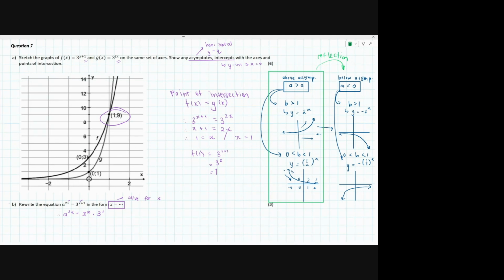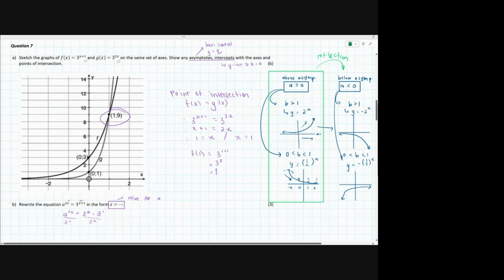Now that I have this situation, again, my goal is to solve for x. So I kind of want to get these two x's, the a to the power 2x and the 3 to the power x together. I'd like them to be together because then maybe there's a way for me to get x alone. So in order for me to bring this 3 to the power x to join the a to the power 2x, I'm going to have to divide both sides by 3 to the power x.